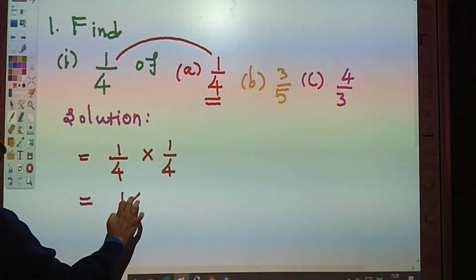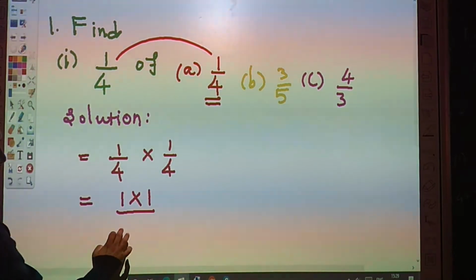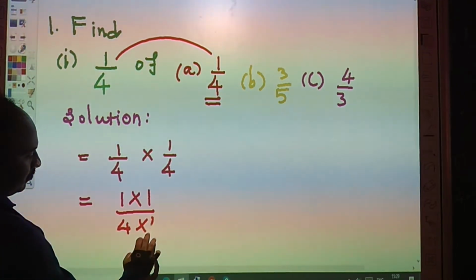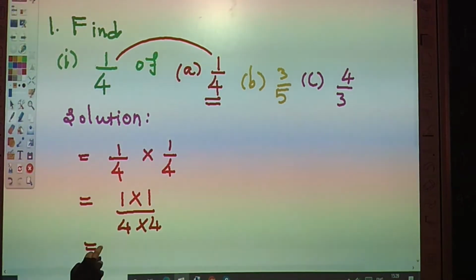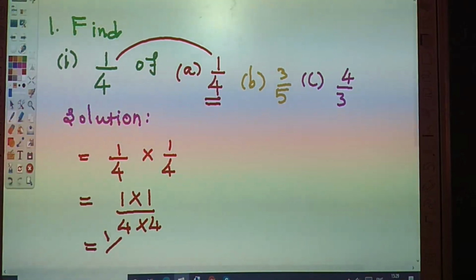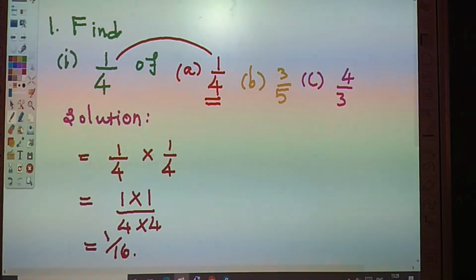First we multiply the numerator part, the next we multiply the denominator part. 1 into 1 is equal to 1, and 4 fours are 16. So our answer is 1/16.